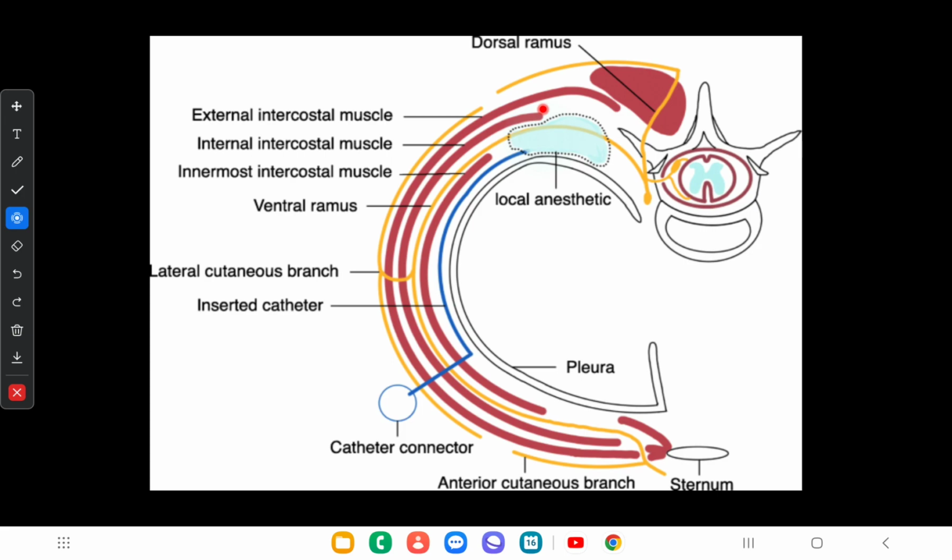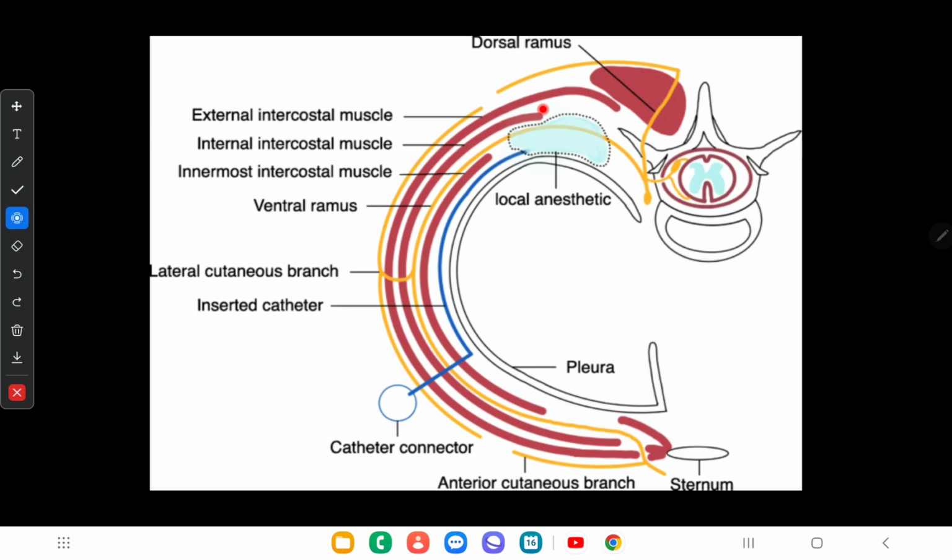The needle will pass first the skin, then the superficial fascia, then the serratus anterior muscle in the pectoral region, then external intercostal muscle, then internal intercostal muscle, then innermost intercostal muscle, then endothoracic fascia, then parietal pleura, and goes to the nerve trunk.